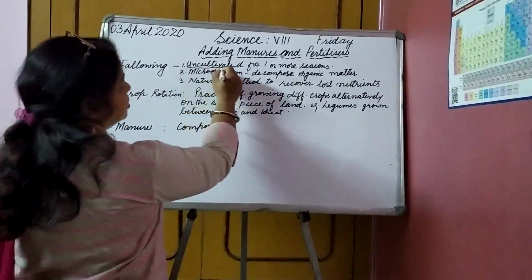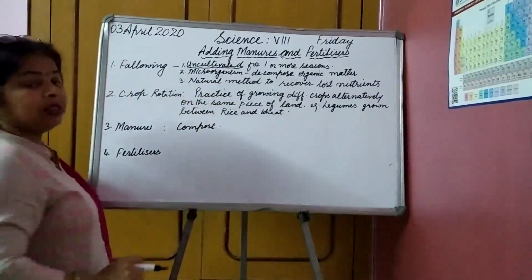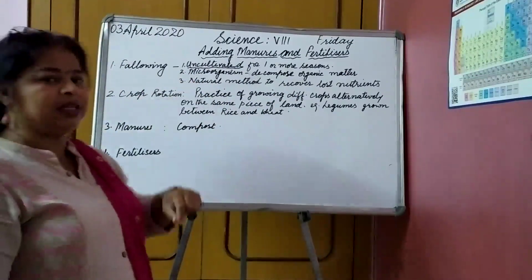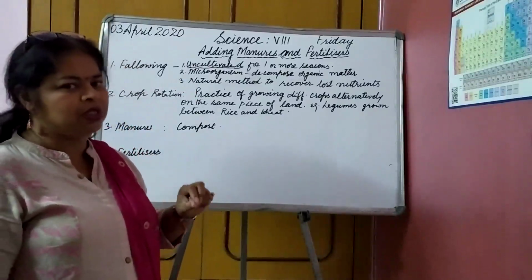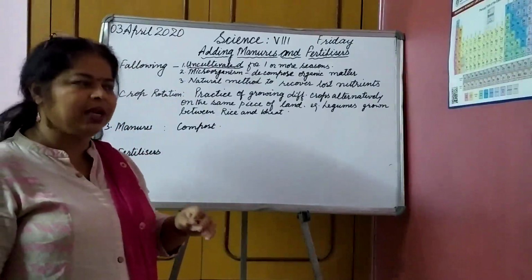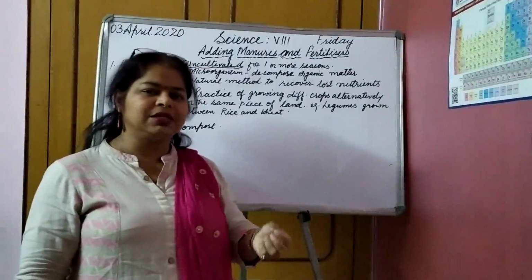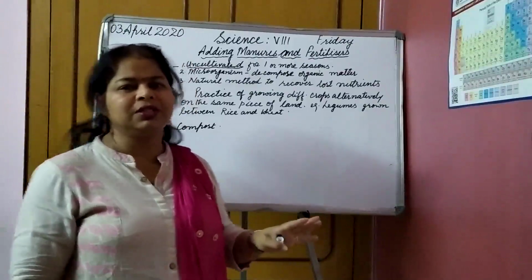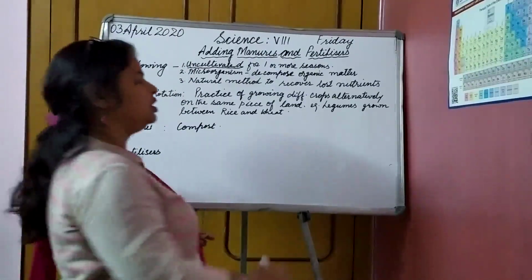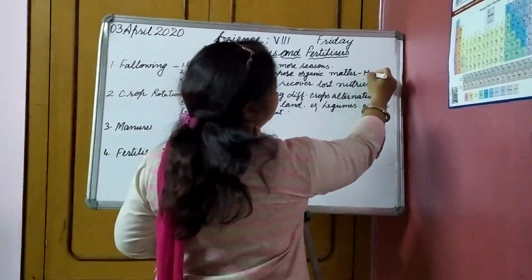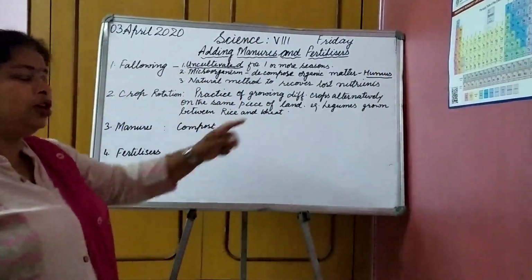The second thing that happens is that microorganisms present in the soil decompose the organic matter, whatever is present, like the leftover of plants, the roots, etc. That will get converted into humus. The word is not unknown to you. It is the dead organic matter called humus.